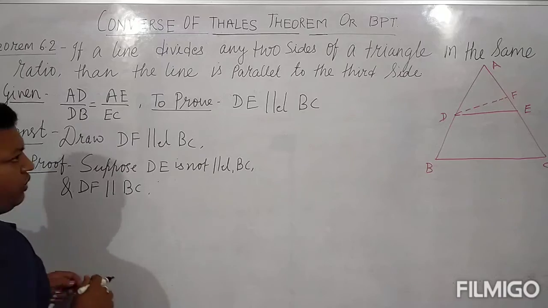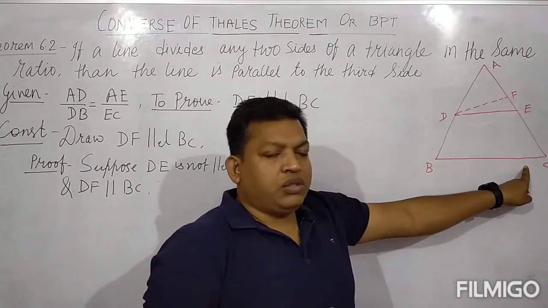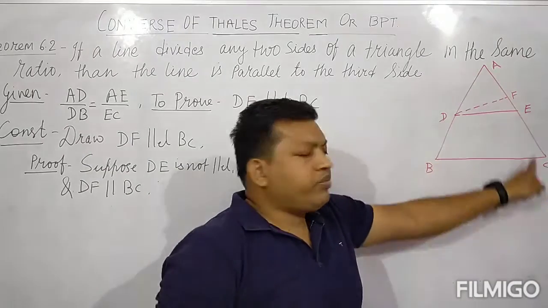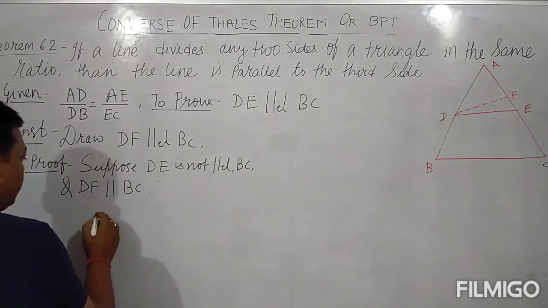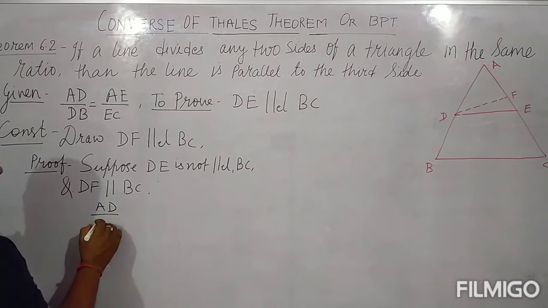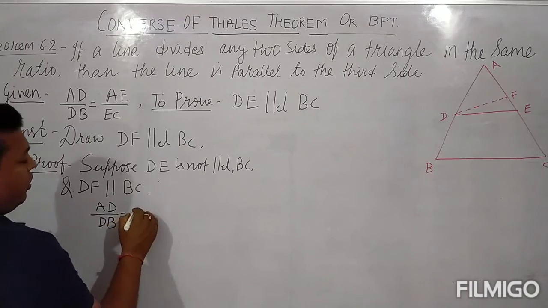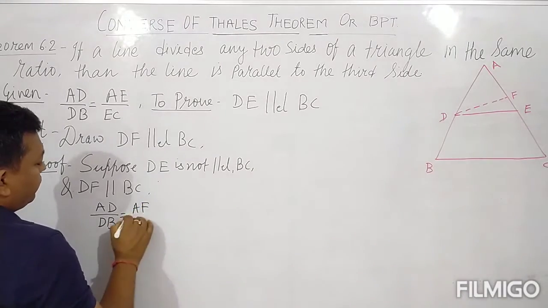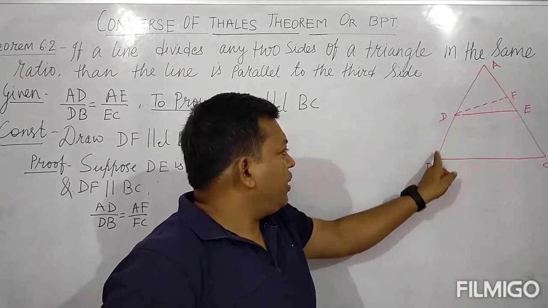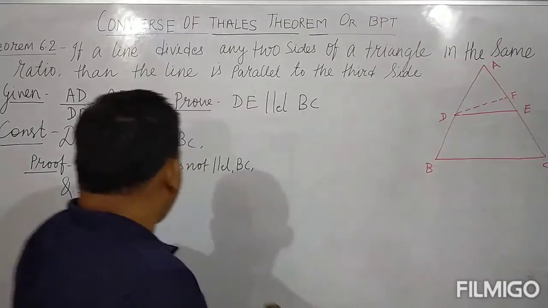We know that if DF parallel to BC, then using Thales theorem, using BPT, we can write AD by DB equals to AF by FC. AD by DB equals to AF by FC, since DF and BC are parallel by construction.